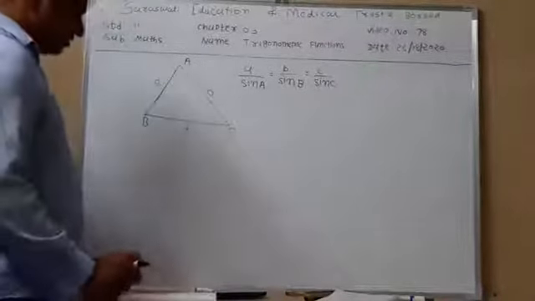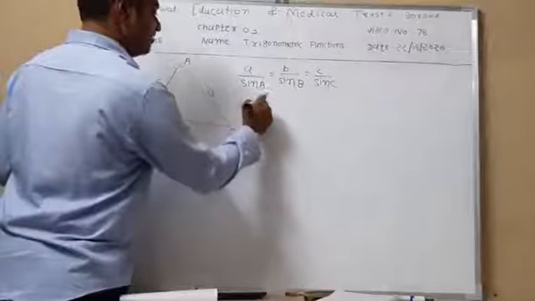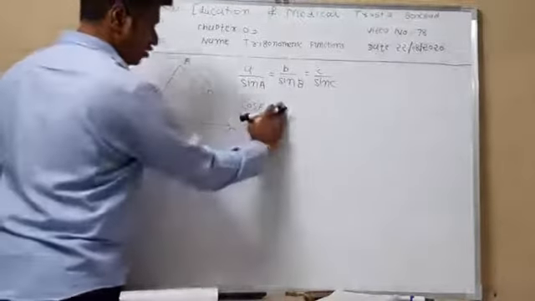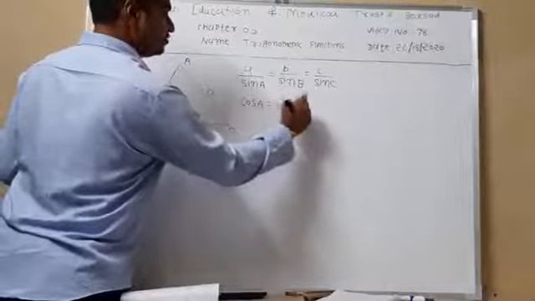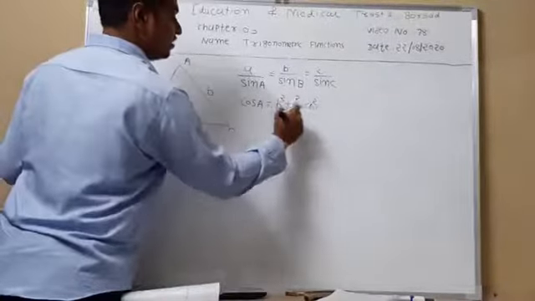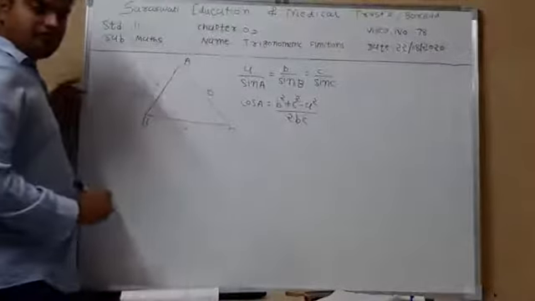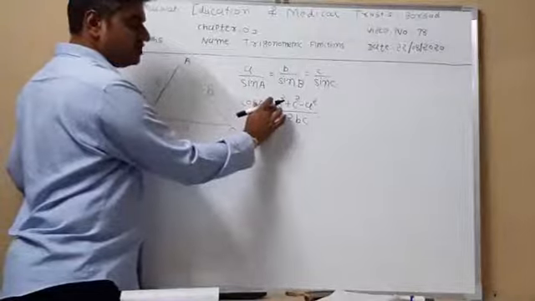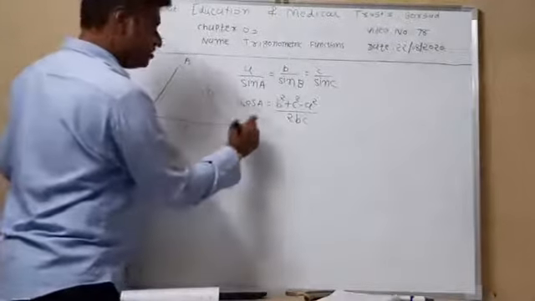So here we get one relation: cos A is equal to b square plus c square minus a square upon 2bc. Now here angle A is present, so b square plus c square minus a square upon 2bc.